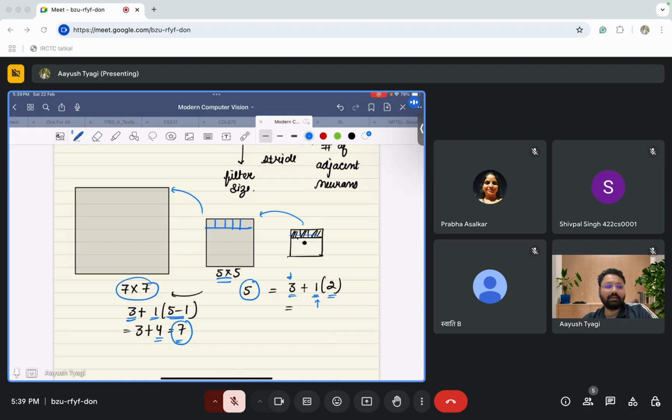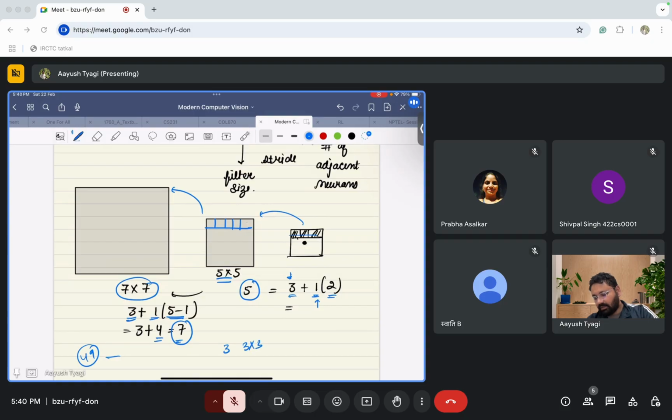As we have discussed earlier, creating a deeper network with a smaller filter size is beneficial instead of creating a filter of a higher size. So 7 cross 7 has 49 parameters, whereas we are using 3 cross 3 kernels.